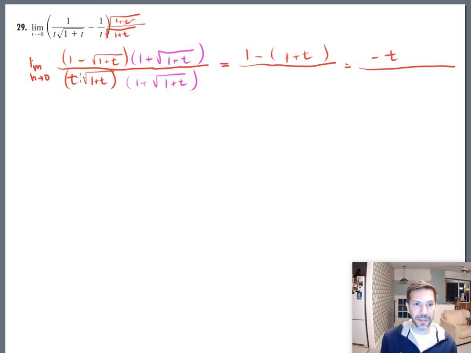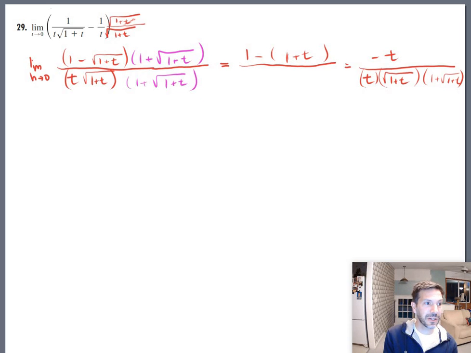And that makes me happy because on the bottom I've got several things all multiplied together, one of which is t. So I know a t can cancel top and bottom. The rest of the stuff is a square root of 1 plus t and 1 plus the square root of 1 plus t.